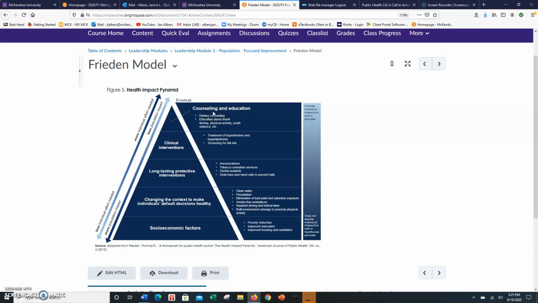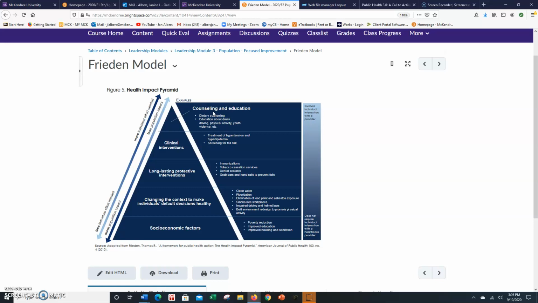And when we're looking at where we tend to practice, very often we're very focused on counseling and education. When we're working individually, we're teasing things back and examining some of those areas that would have a broader impact at that population level, where less individual effort is needed, but it does set the stage for folks to make healthier choices.